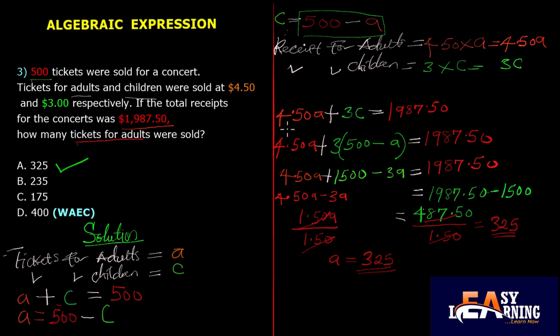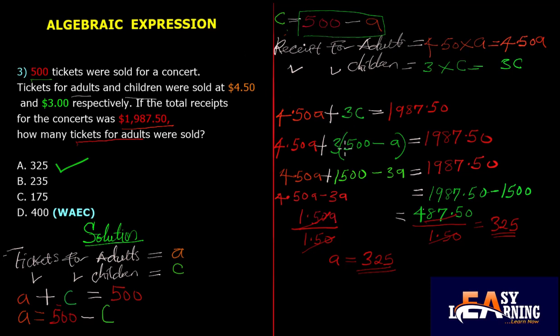All right, so now we are looking for A, we are not looking for C, so we need to replace C. And we remember that C is equal to 500 minus A.